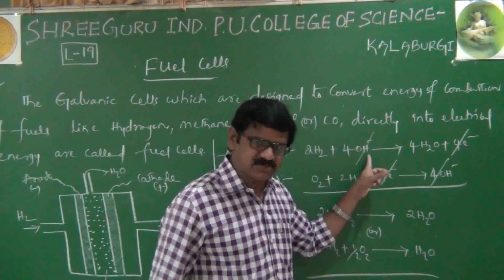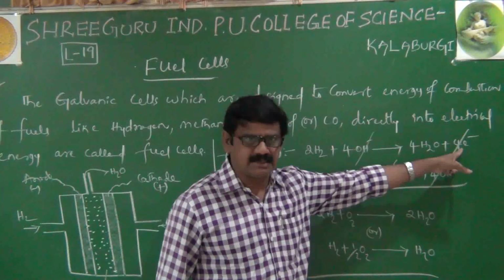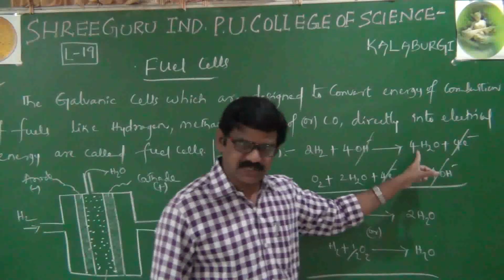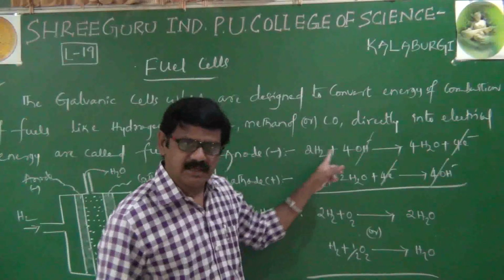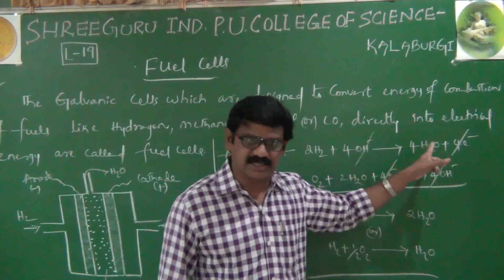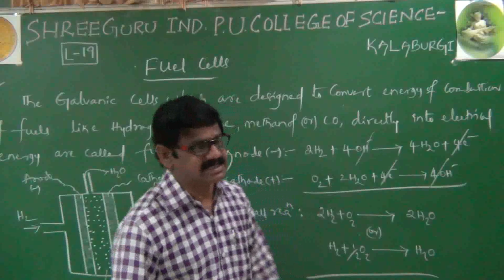H2 plus OH minus is converted to H2O, and electrons are released. For balancing purposes we take 2H2, 4OH minus, 4H2O, 4 electrons. I'll repeat: hydrogen in the presence of an electrolyte undergoes oxidation, after oxidation water molecules are formed and electrons are released.